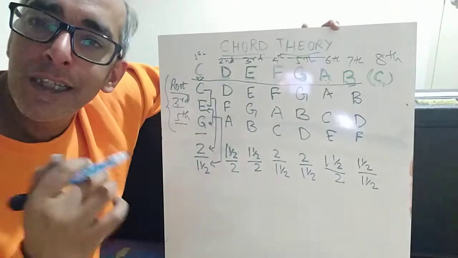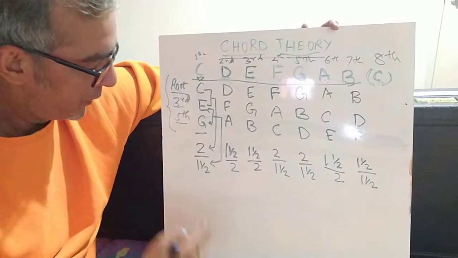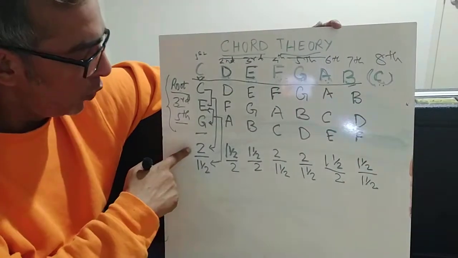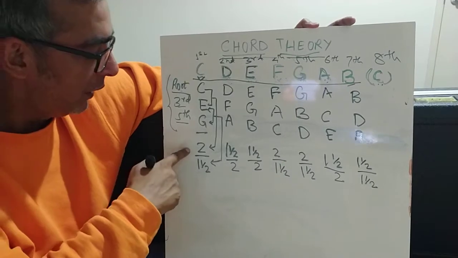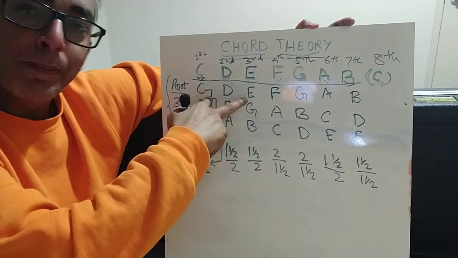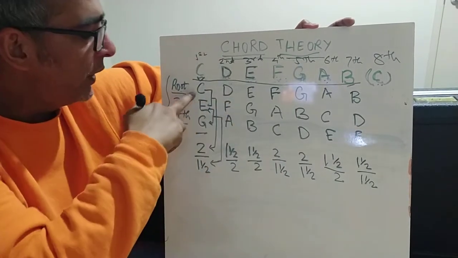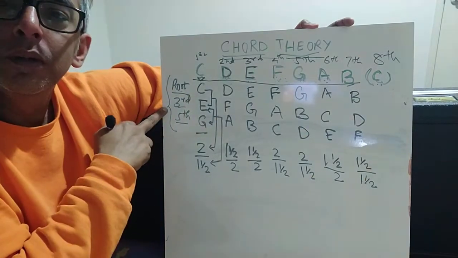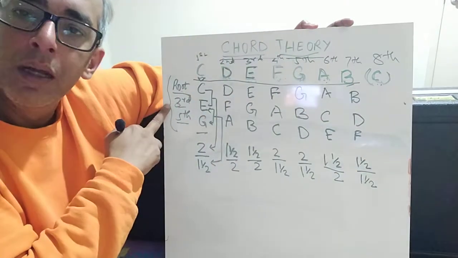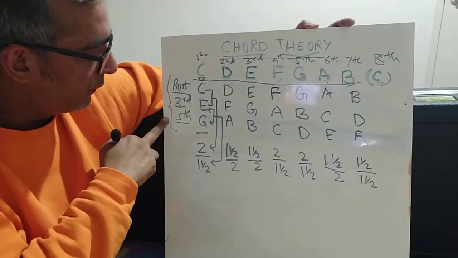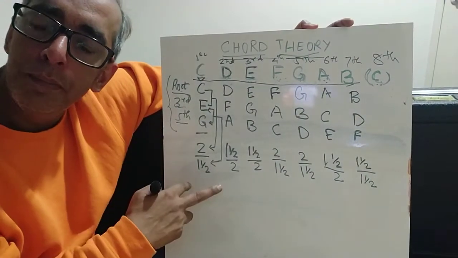Here is the significance of that. When I say 2 over 1.5, it means there are two whole steps between the root and the third, and between the third and the fifth you have 1.5 steps.